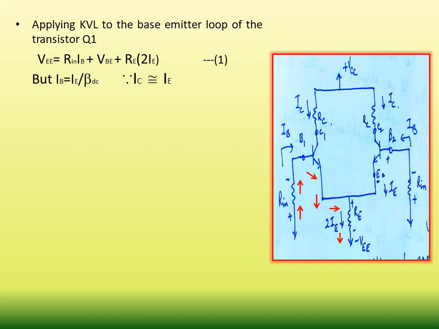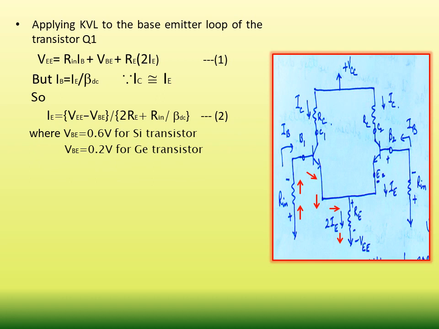Since IC is approximately equal to IE, we can replace IC with IE. Hence we obtain IB equal to IE upon beta DC. Putting this value in equation 1 and simplifying it, we can calculate IE as shown in equation 2.